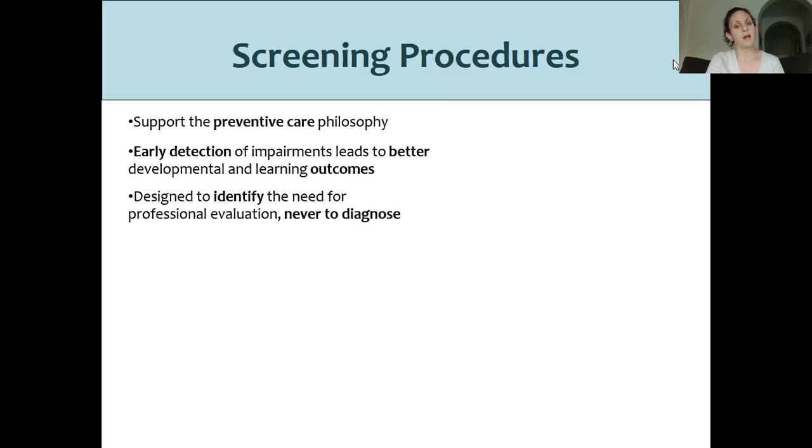It also helps to identify a need for professional evaluation. So some of these basic screening procedures, like when my daughter had that eye exam, we didn't leave there with a diagnosis. We left there with, well, she's not seeing out of one eye very well, and that's all we knew.